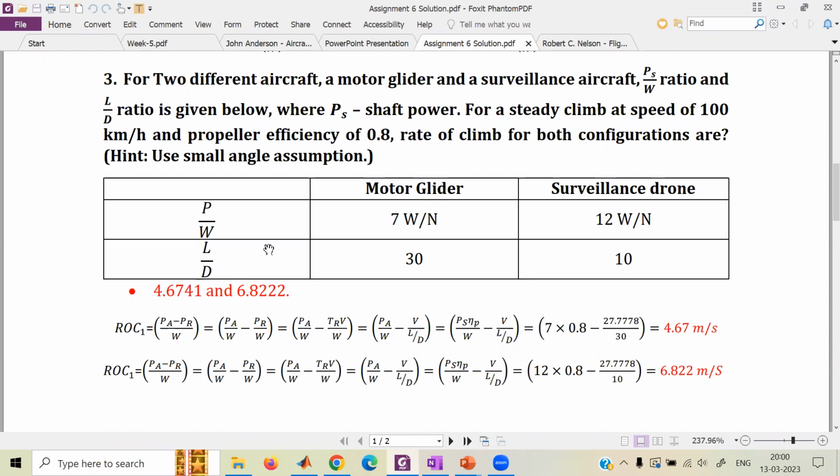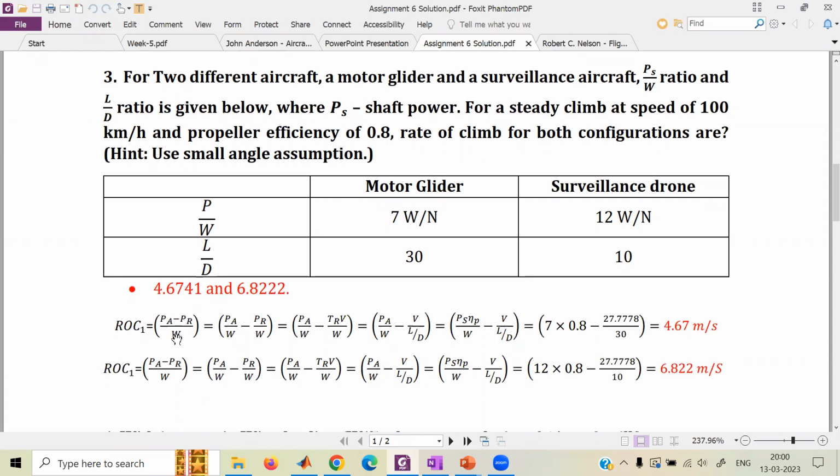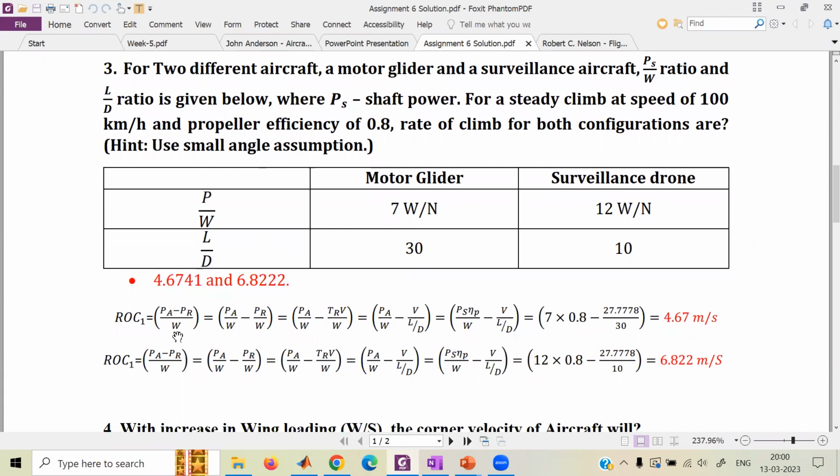All right. So the question is to find out the rate of climb, and rate of climb has a formula: excess power divided by weight. Excess power is the power which is available to us minus the power that is required. If we are flying at a power equal to the available power, then you can't climb.